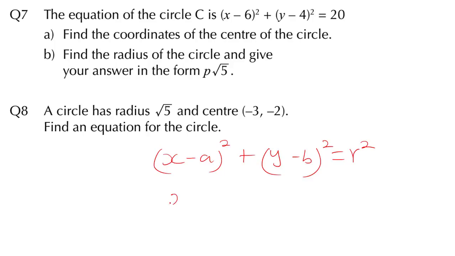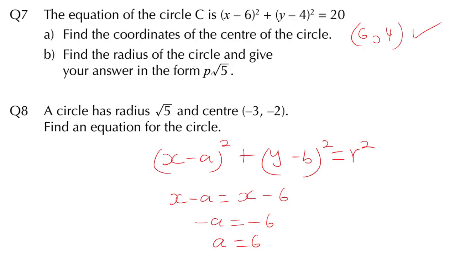So x minus a equals x minus 6. Now, x is on both sides, so you can just take that away. So you end up with negative a equals negative 6. Multiplying both sides by negative 1 to make a the subject, a is equal to 6. Using the very same method, b would be equal to 4. So the center of the circle is 6 and 4.